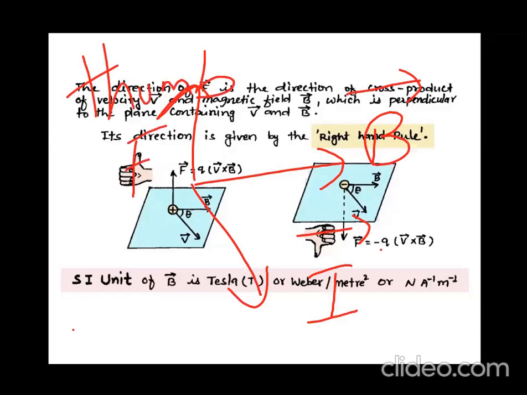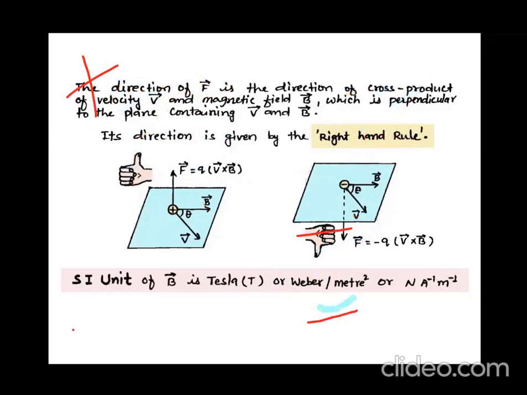This is your Fleming's left hand rule, by which you can find out the direction of magnetic force. This is also easy. You can use this left hand rule. Use कारे first finger magnetic field, middle finger or second finger current. Then the thumb gives you the direction of magnetic force on that particular charge.